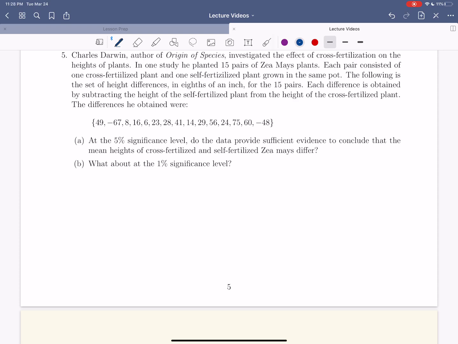You compute the t-value, the test statistic: d bar divided by the standard deviation of the differences over square root of n. When you plug everything in, your mean is about 20.93333, your standard deviation is 37.7, and n is 15. And you end up with 2.1480. I had R spit out that number exactly.